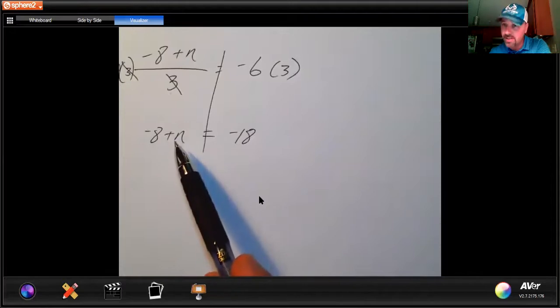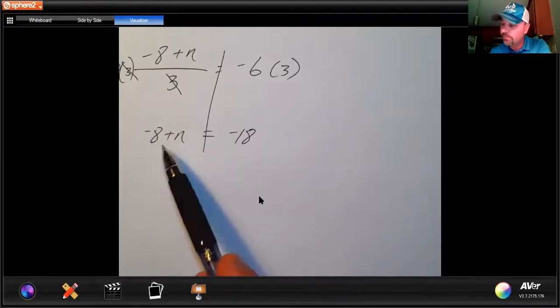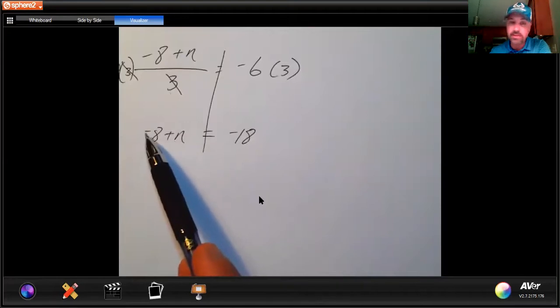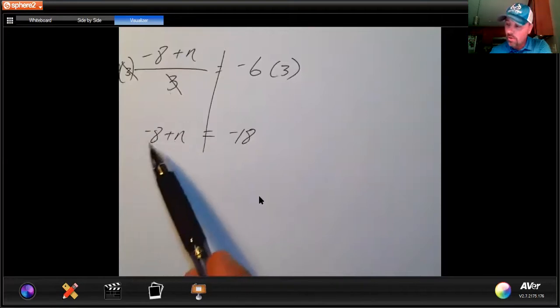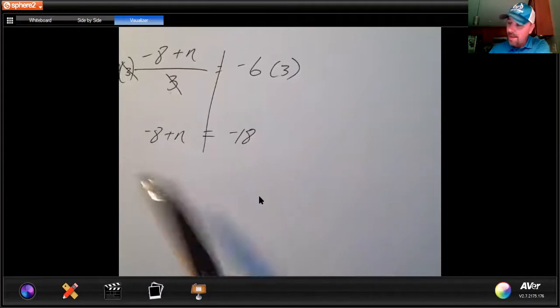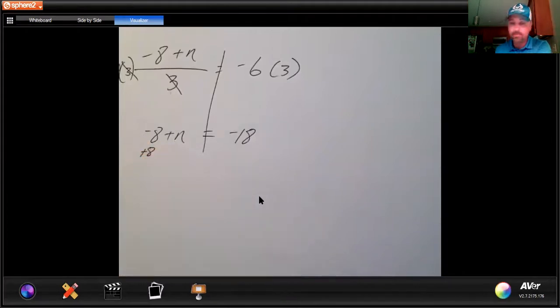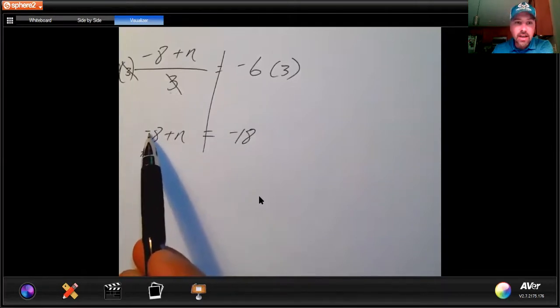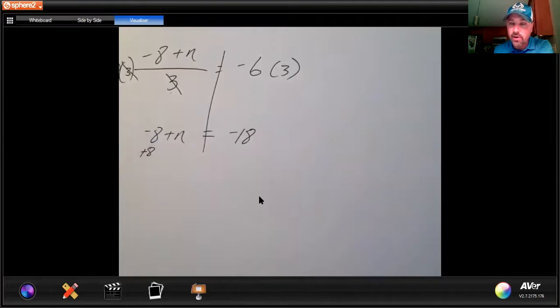And really, all it's telling you is that the n is positive. Really, what belongs to the 8 is the sign in front of it, the negative. So I want to get rid of -8 by adding 8, all right? The number is always identified by what is in front of it. So the opposite of -8 is +8.